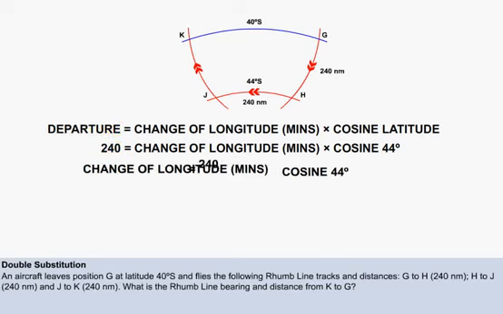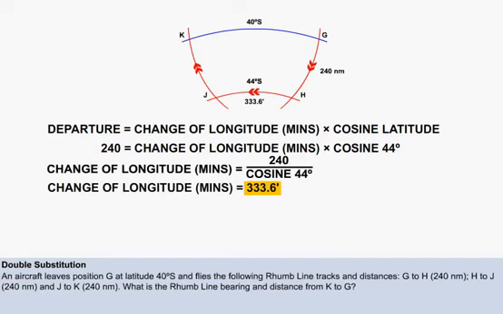Rearrange to make the change of longitude the subject of the equation, and solve to get the change of longitude from H to J as 333.6 minutes. This is also the change of longitude between K and G. They're the same two meridians.